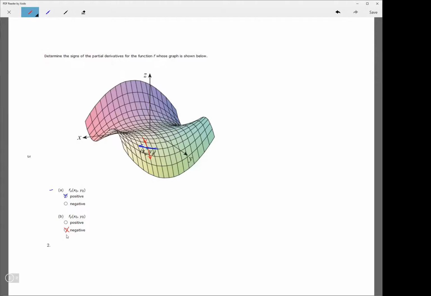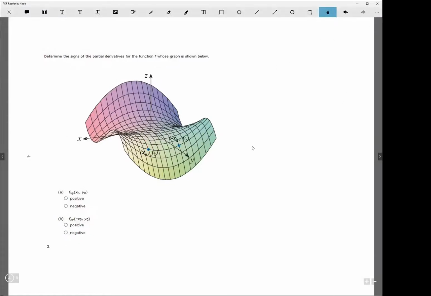Okay, now number 3. Okay, determine the signs. Okay, so here's the mixed partials. So this means you're taking, and they got 2 different points. Okay, so here you're taking the partial with respect to x, right?